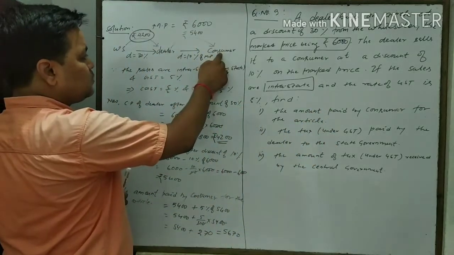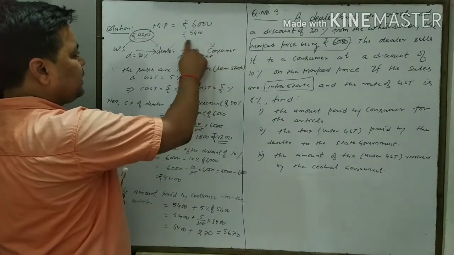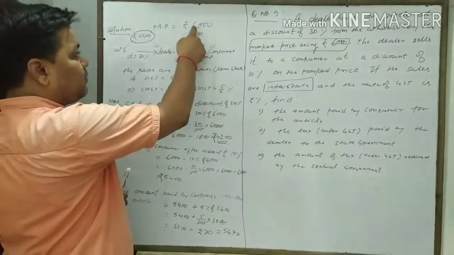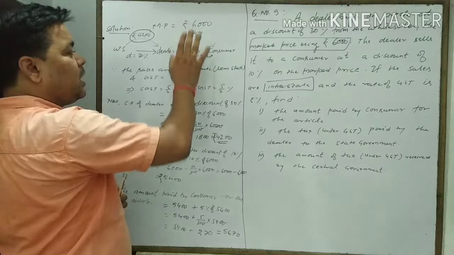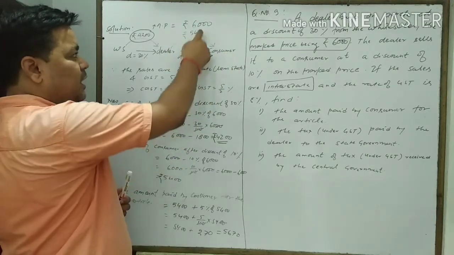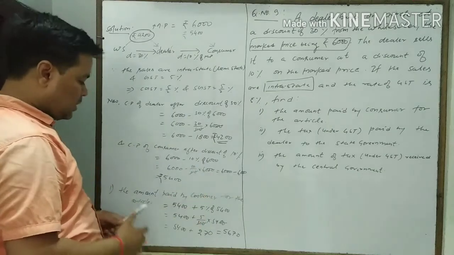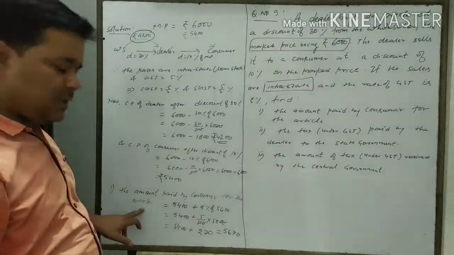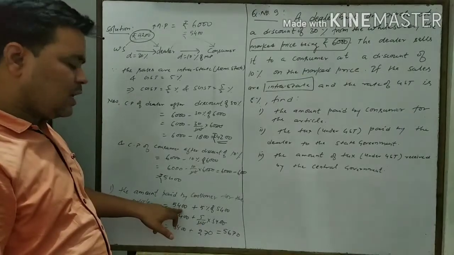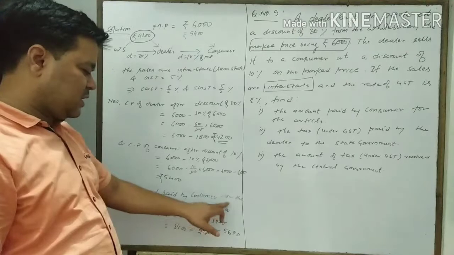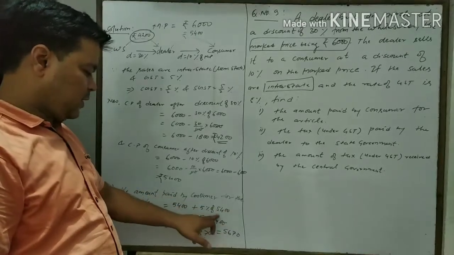The consumer takes the article at 5,400 rupees excluding the GST, and the consumer has to pay the GST on this amount also. Therefore, the amount paid by the consumer for the article is equal to the cost of the article plus tax on the value of this article, which is 5,400.